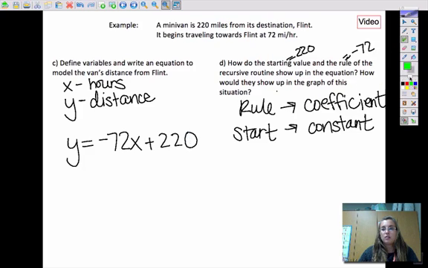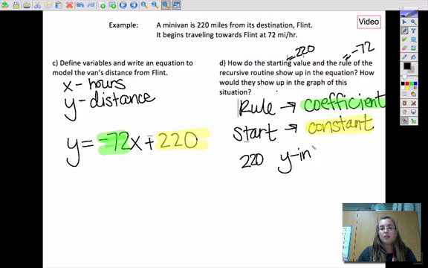So let me just get my highlighter out here. So the rule is our coefficient. That's this number by x. And our start is our constant, which is the number that's on the outside with no x. Okay? And in the graph, what you'll notice is that 220 is where it's going to start or where it's going to cross the y-axis.